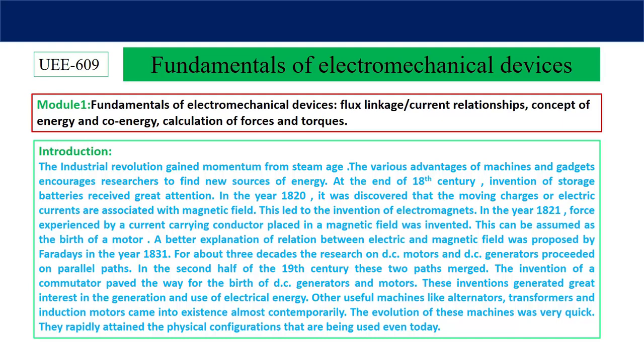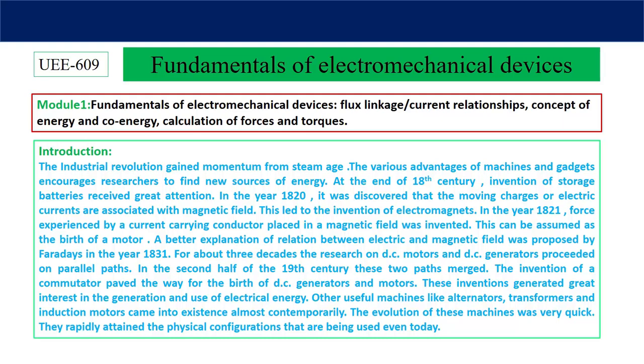For about 3 decades, the research on DC motors and generators proceeded in parallel, and with the invention of the commutator in the second half of the 19th century, it was discovered that the same machine can be used as a motor as well as a generator.